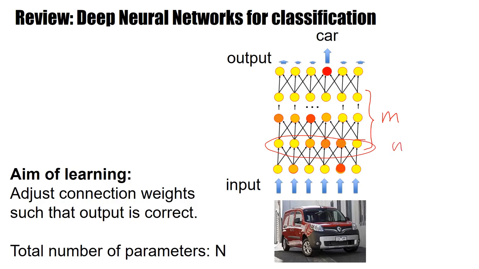Then there's also an input layer, the size of which depends on the size of the input vectors, for example, the images of cars. And then there are different possible outputs. We denote the neuronal activity in one of the layers. For example, here, this is the activity, the output of a neuron in layer 2, and this is the first neuron of this layer.